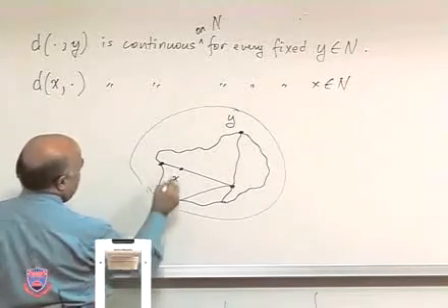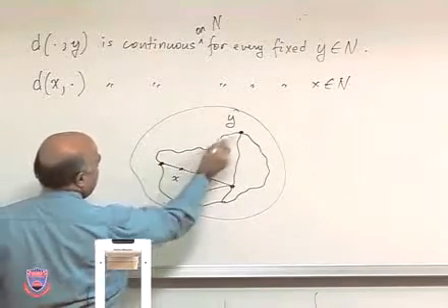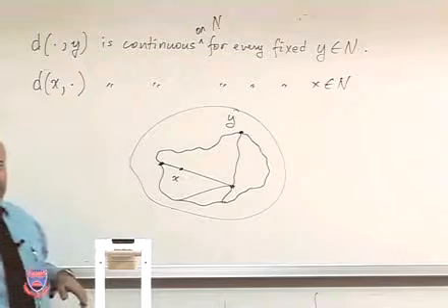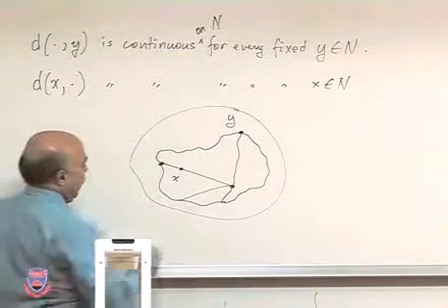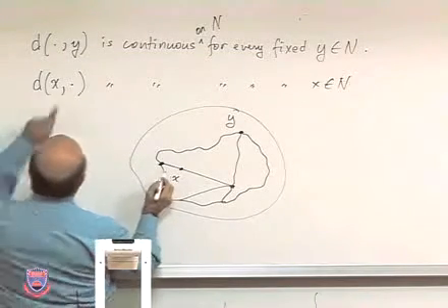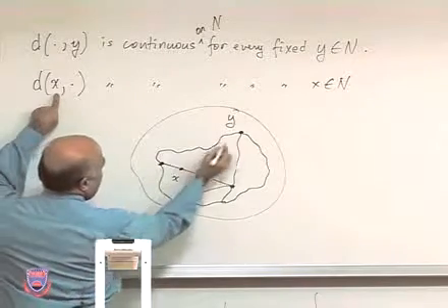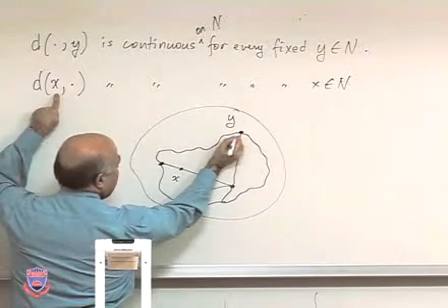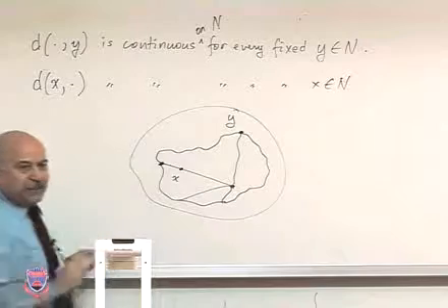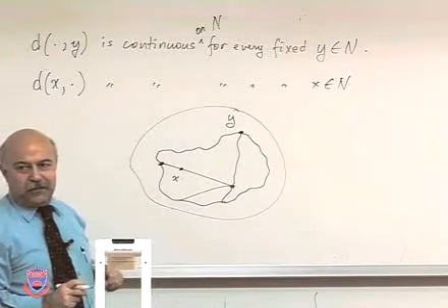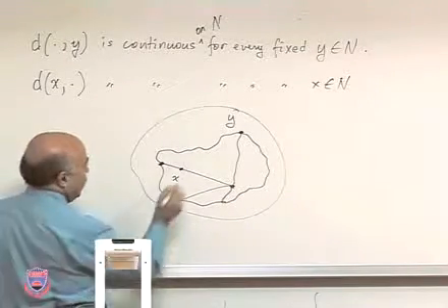But nevertheless, you've got some kind of a path here, and one of those paths will be shortest. When you start varying y a little bit, a little bit delta deviation from your present position, what happens?